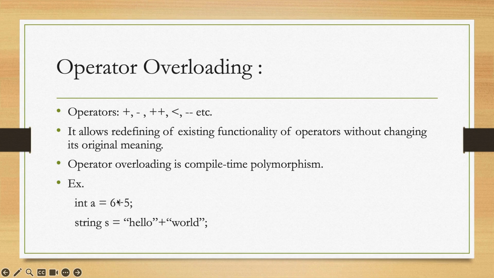So the same plus operator is being used for two different functionalities. This is what polymorphism is, and this is what operator overloading is. This means that the plus operator is being overloaded with two different functionalities.